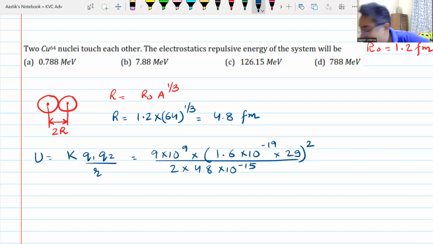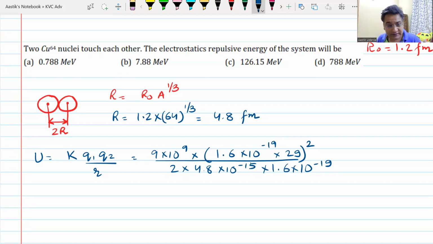That would be the energy in joules, but the answer is given in mega electron volts. 1 mega electron volt is 1.6 into 10 raised to the power minus 19 joules, so the joule value will be divided by 1.6 into 10 raised to the power minus 19.